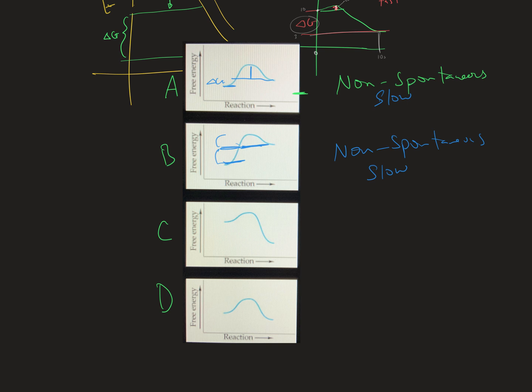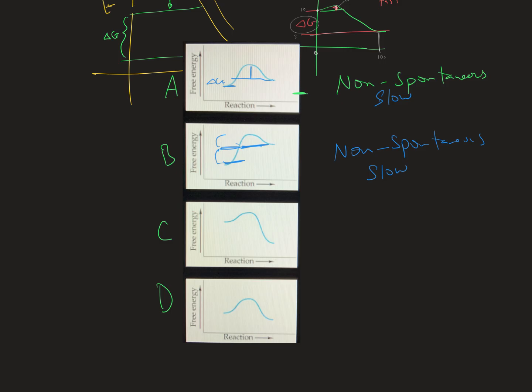You with me? In ratio, in relationship to the delta G, the activation energy is not small. It's the same size. But it wouldn't be considered large. Small and large is determined based off of, it's all relative, right? Okay.